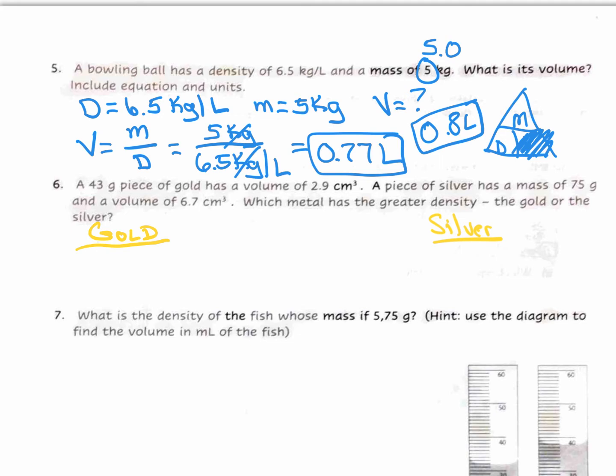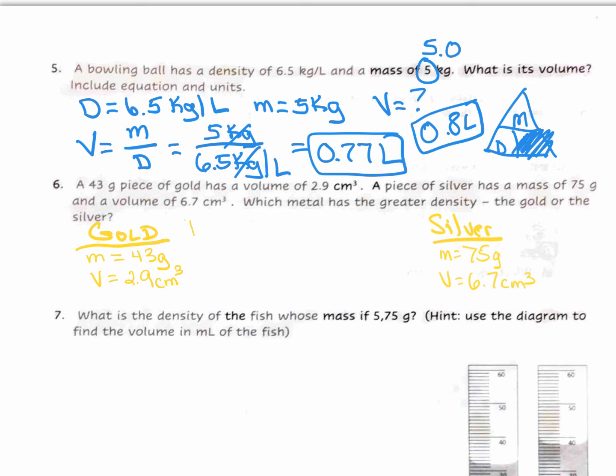All right, so the mass of gold is 43 grams. And it has a volume of 2.9 cubic centimeters. Now silver has a mass of 75 grams and a volume of 6.7 cubic centimeters.